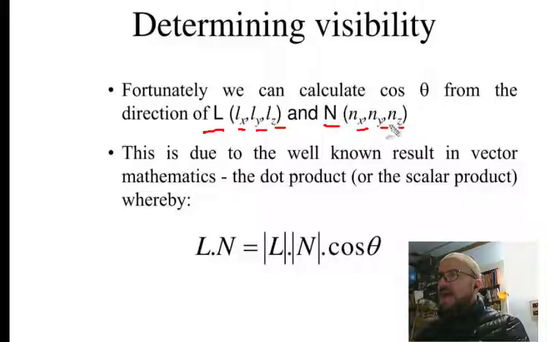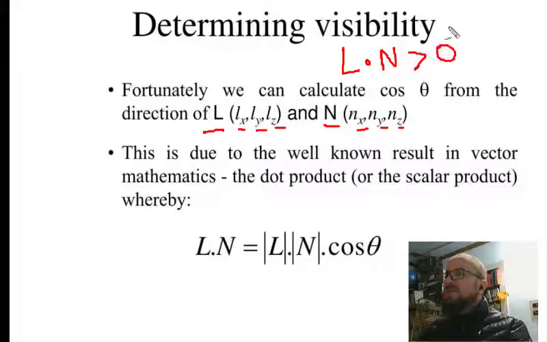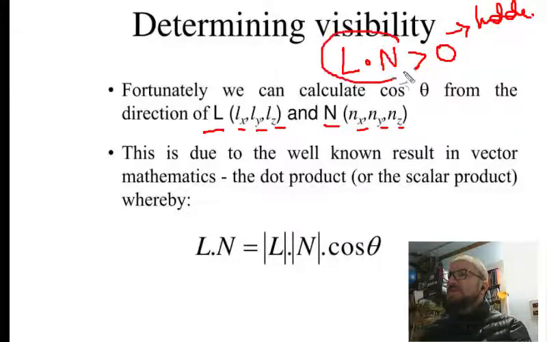And n is n of x, n of y, and n of z. That's why we say L is a vector and n is a vector. It's not a scalar, it's a vector. Then if you want to calculate L dot n, because I told you that if L dot n is greater than 0, then it is hidden, but the question is how I calculate L dot n, how I do the vector multiplication of L and n.